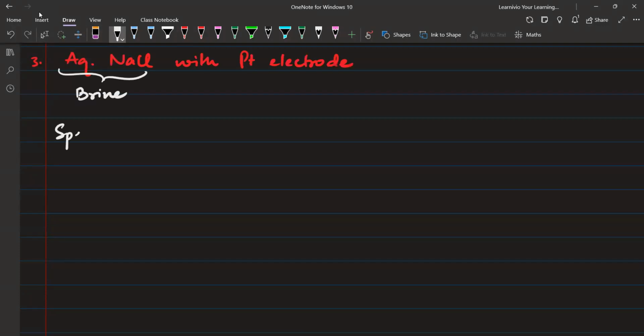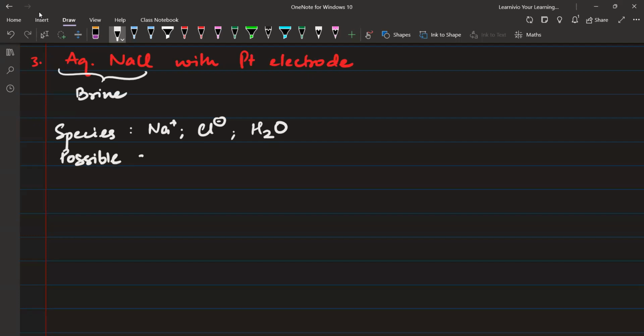Now what are the chemical species that we are going to have? You will have Na positive as before. You will have Cl negative as before. And another thing that you are going to have is water. Now, what are the possible reactions at cathode?